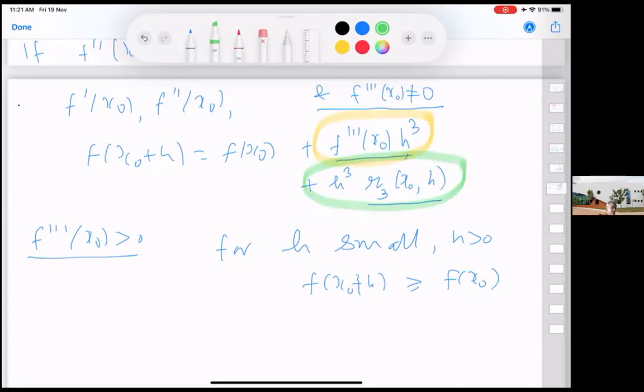So for h small and positive, this holds, and likewise for h small and negative. And actually we can get a strict inequality because of the non-zero term.